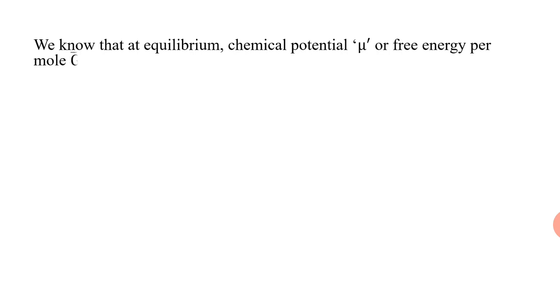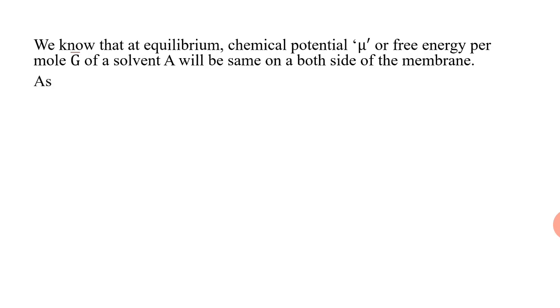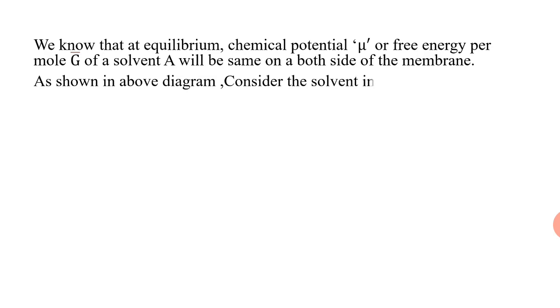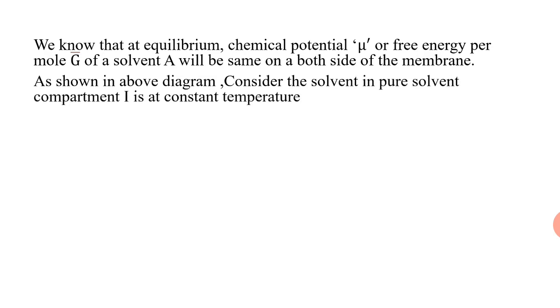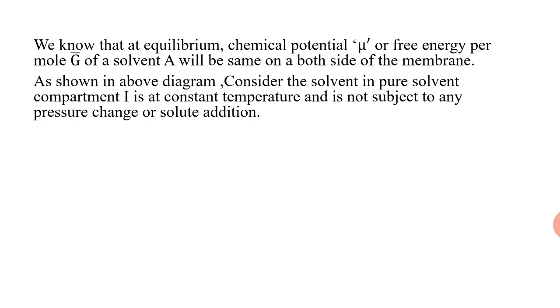Let us see the procedure. We know that at equilibrium, chemical potential mu or free energy per mole G bar of a solvent A will be same on both sides of the membrane. As shown in the above diagram, consider the solvent in the pure solvent compartment 1 is at a constant temperature and is not subject to any pressure change or solute addition.